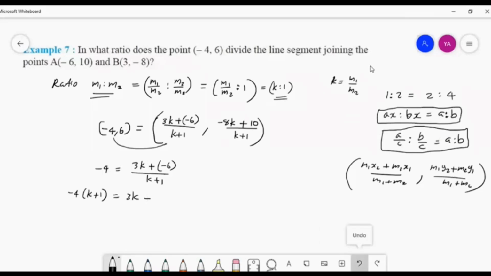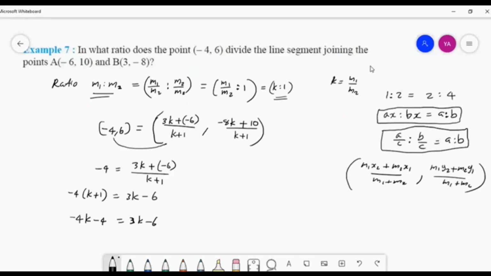What is minus 4 into (k plus 1)? Minus 4k minus 4. Minus 4k minus 4 is equal to 3k minus 6.